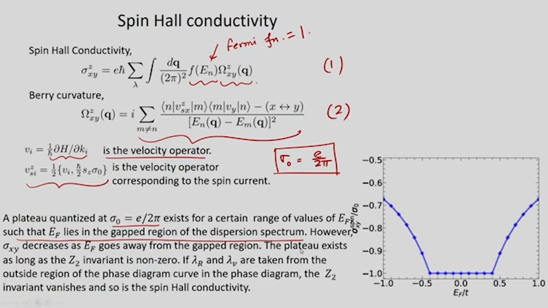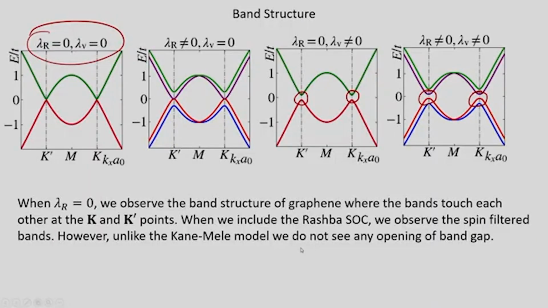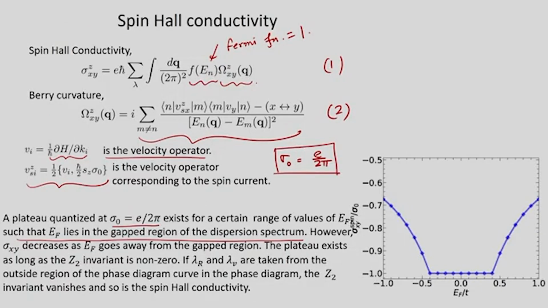So, when EF lies here, which is what we have shown earlier, when the EF lies in this gap and not inside the band, then it gives you a plateau, and then as the plateau goes away, the spin Hall conductance becomes dispersive, or it rises when the Fermi energy falls within one of the conduction or the valence band. This is exactly the feature that we have seen earlier.